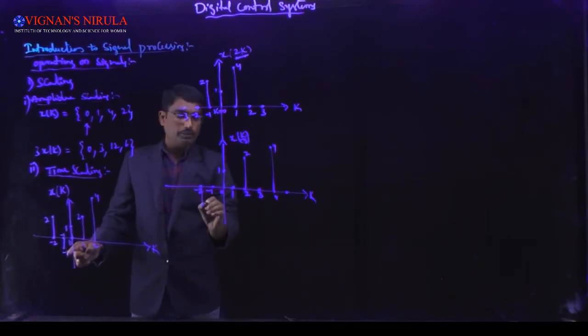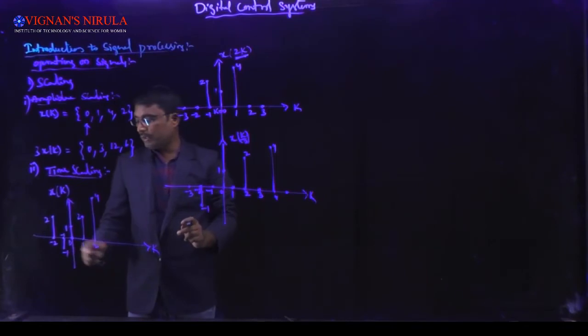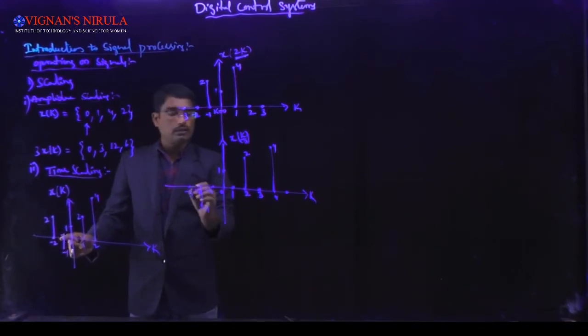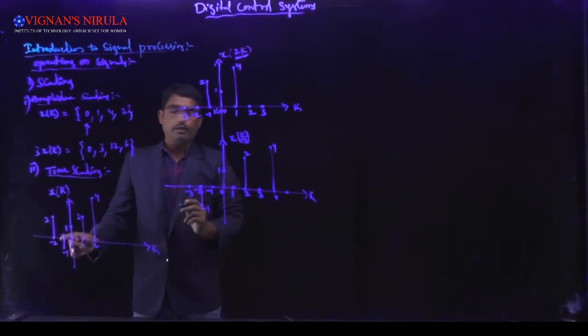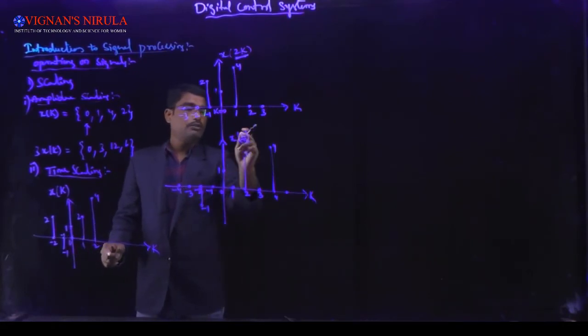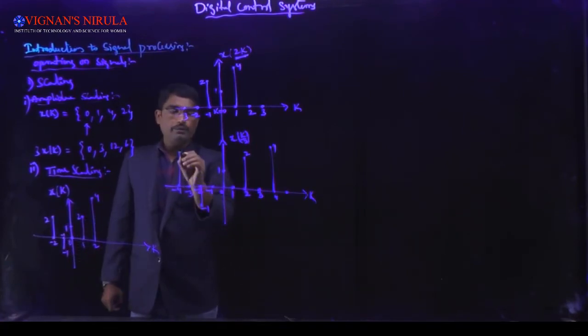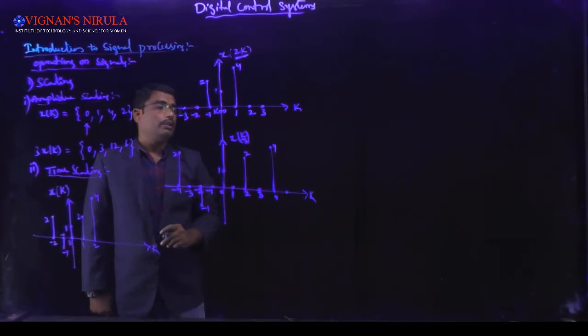If you put k equals to -3, x of -3 by 2, x of -1.5, there is no signal over here, so it will be 0. If you put k equals to -4, x of -4 by 2, x of -2, for x of -2 it is 2. In this way we can draw the signal.